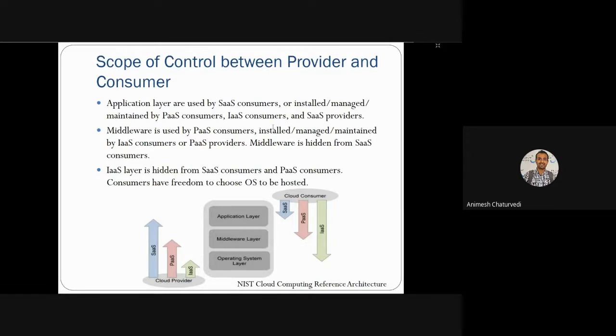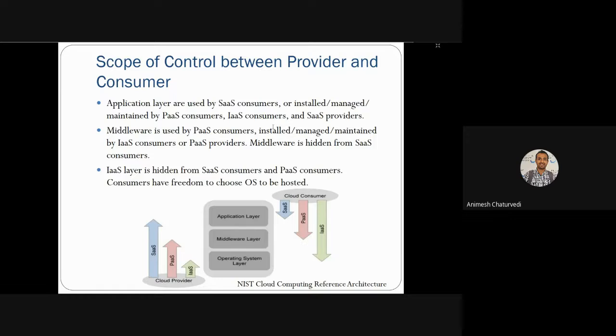So what does a cloud provider do? An infrastructure as a service provider would actually provide you the operating system and layer for managing resources at the hardware level. So the cloud provider provides you the operating system layer.